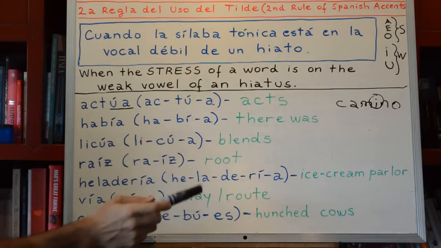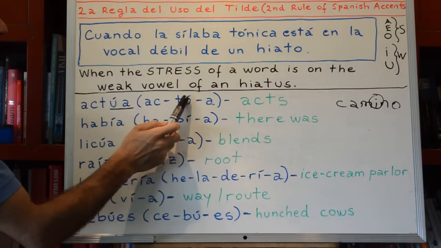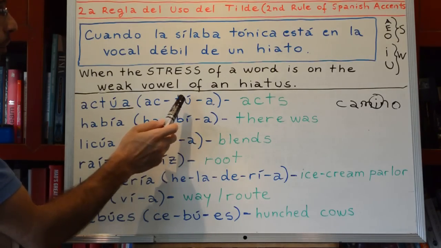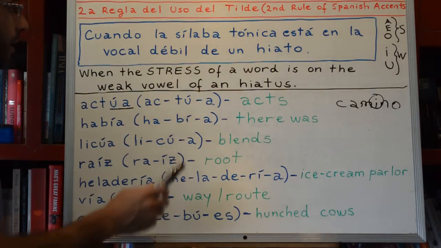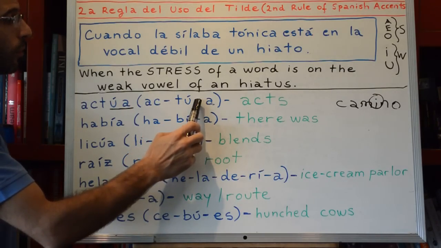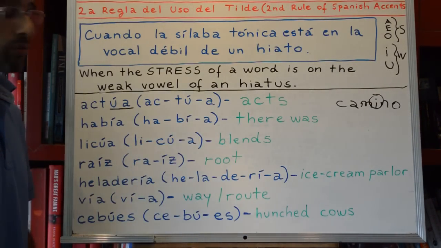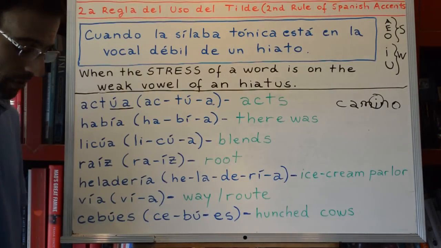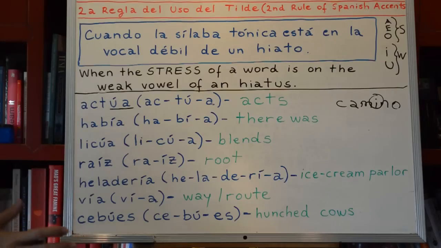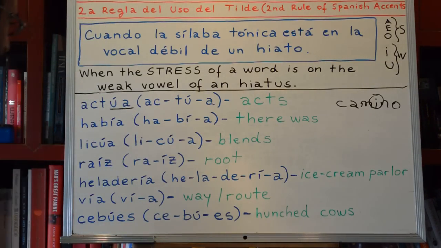The accent, the intonation or the stress is on the weak vowel, right? Therefore the weak vowel becomes strong, okay? And therefore we have, instead of a diphthong, an hiatus, and the weak vowel carries the tilde, okay? So, I'm assuming you do remember our previous lesson.